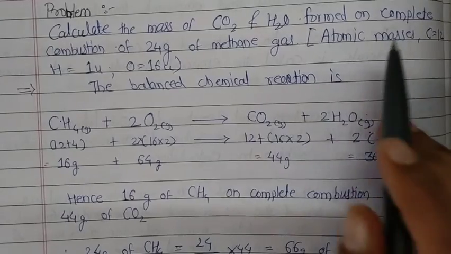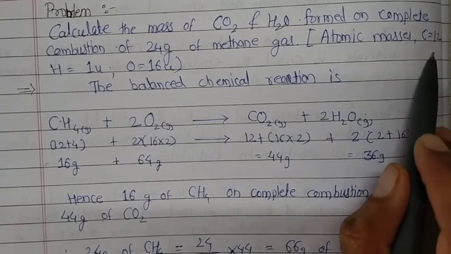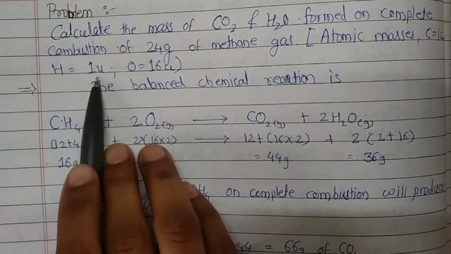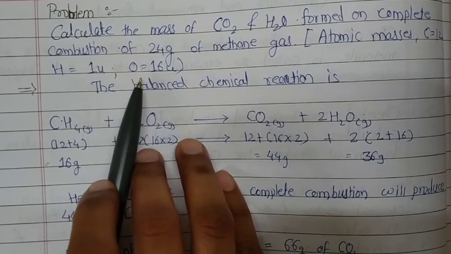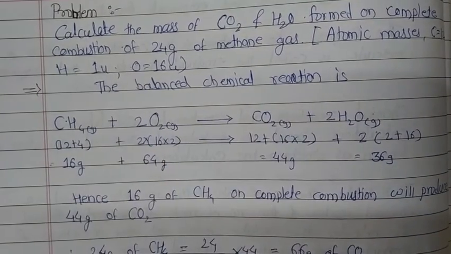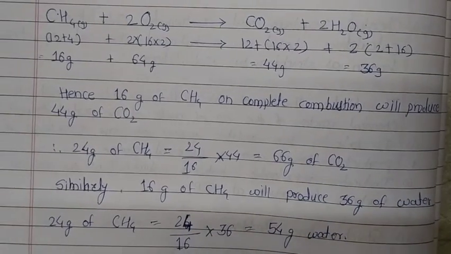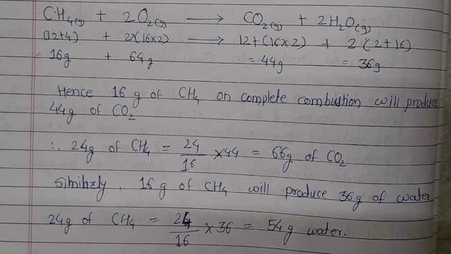The given information is: atomic mass of carbon is 12, hydrogen is 1 U, that is unified mass, and oxygen is 16 U. Now we can solve the problem. What are the steps?